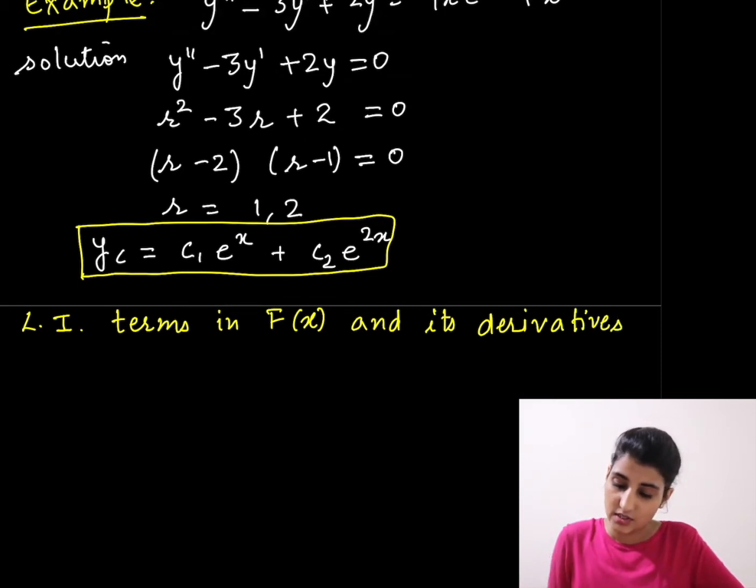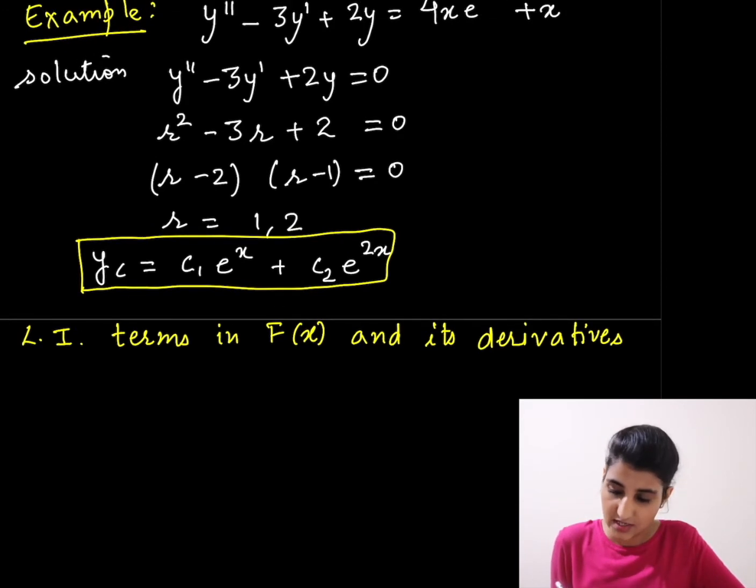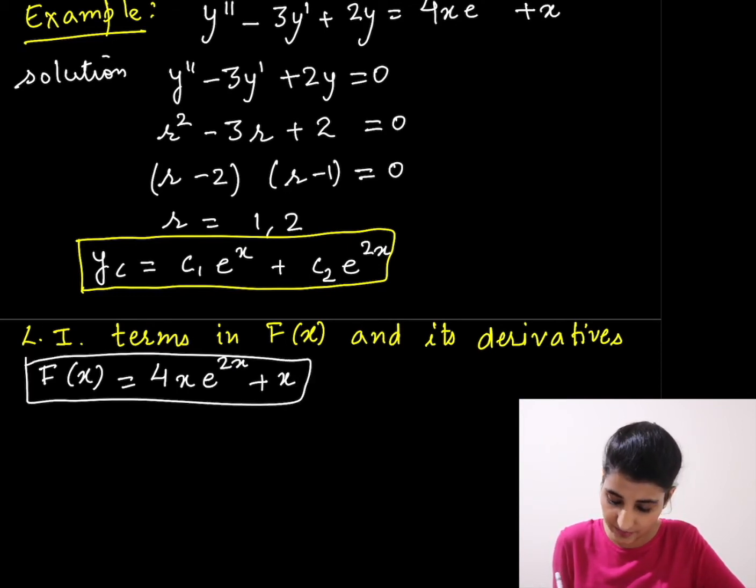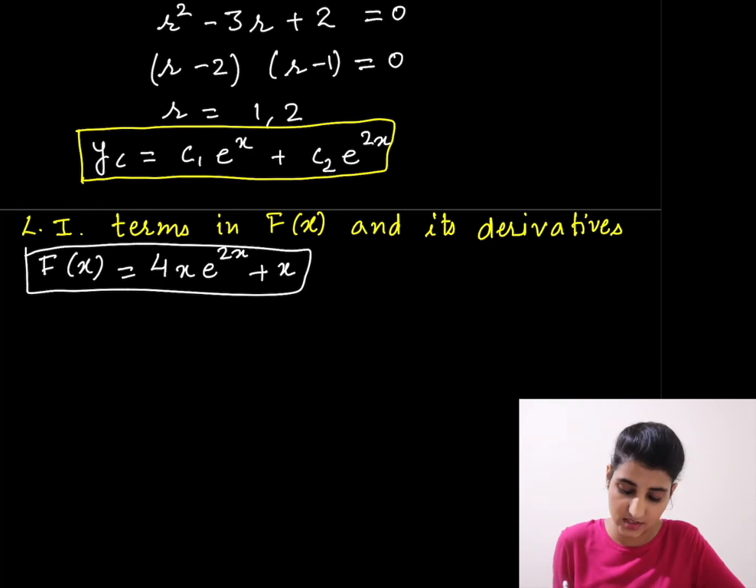Our f(x) here is 4x e to the power 2x plus x. So let's list the terms. The first term is x times e power 2x. The second term is x.